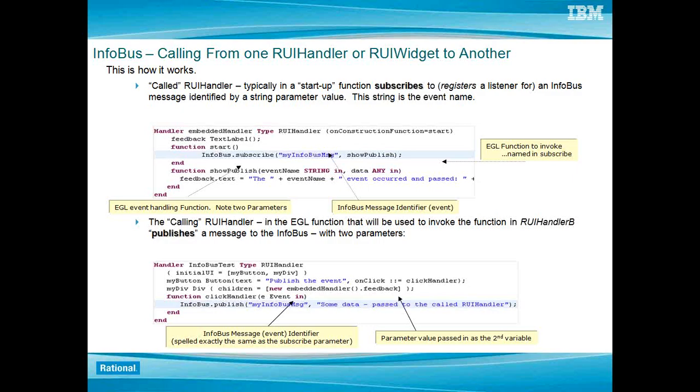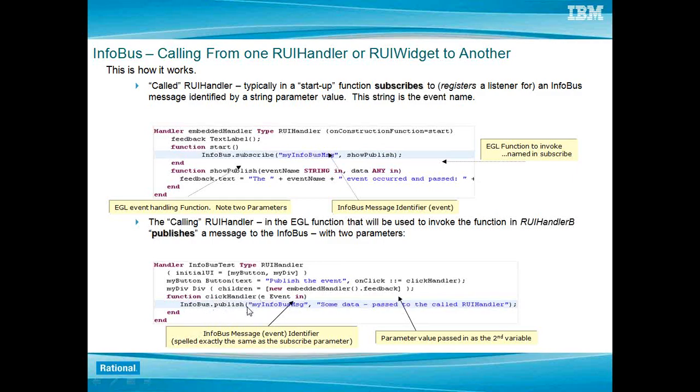Okay, at the bottom, let's see how the publisher is publishing data. In the infobus test handler, we have a button, my button. Its name is publish the event, and on click of this button, we are publishing some data.